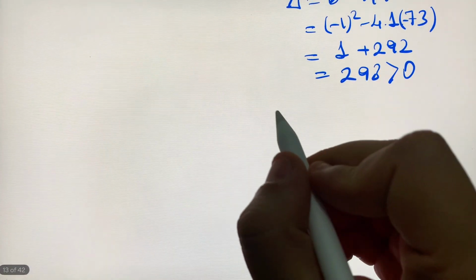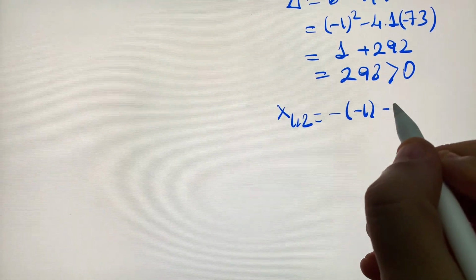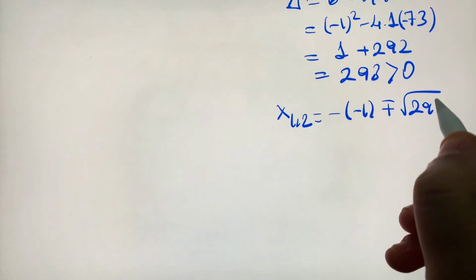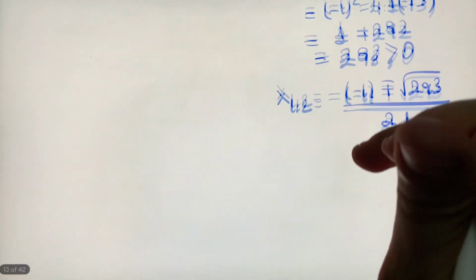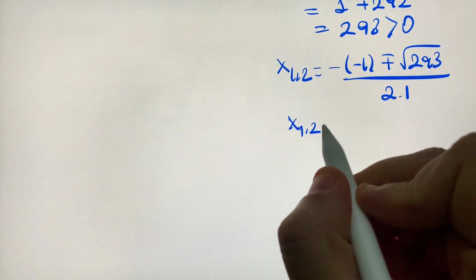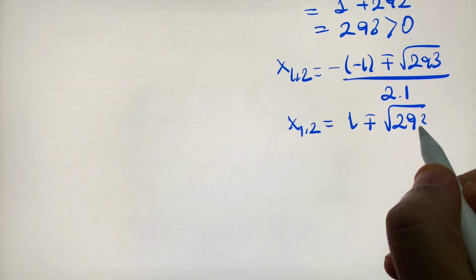The roots are x1,2 equals 1 plus or minus the root of 293, over 2 times 1.